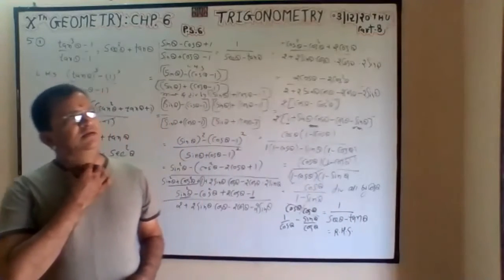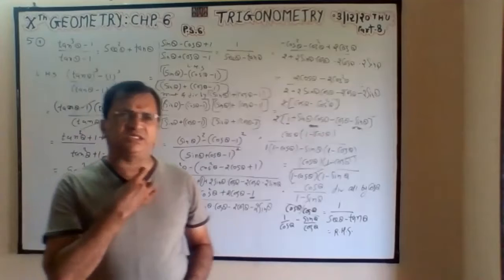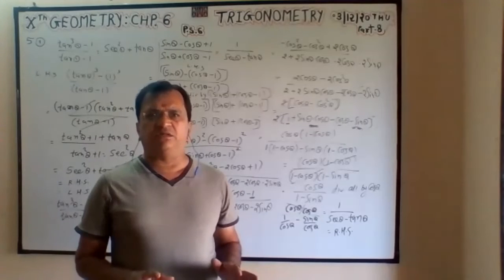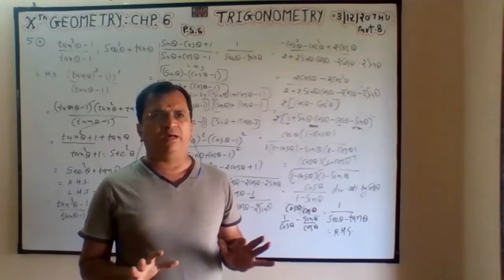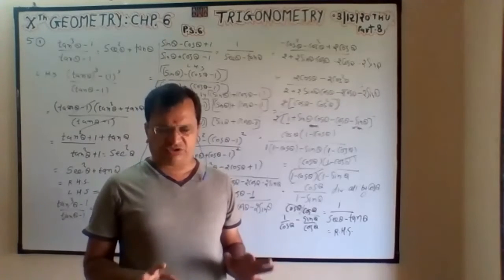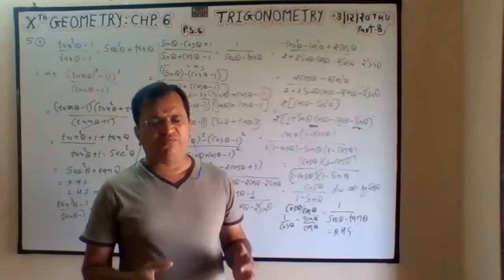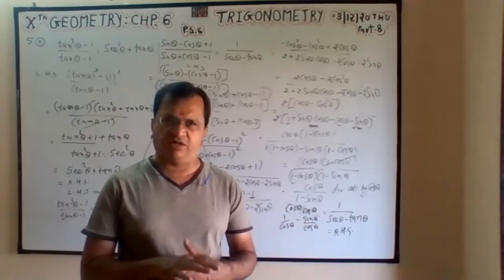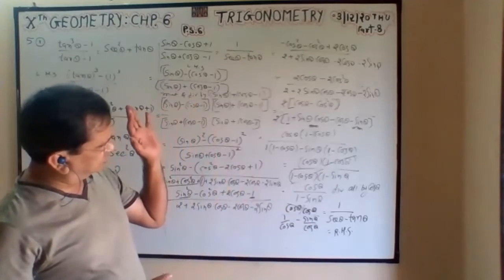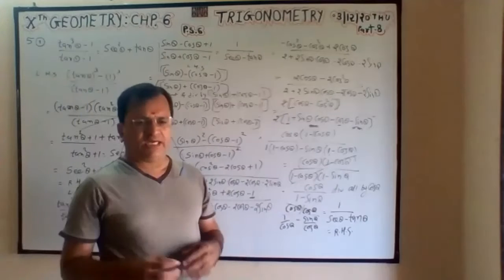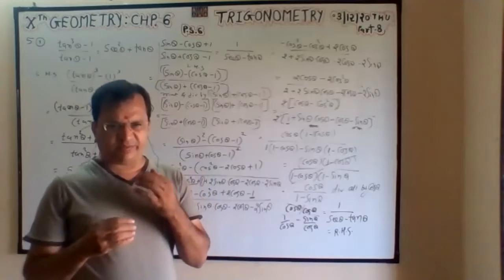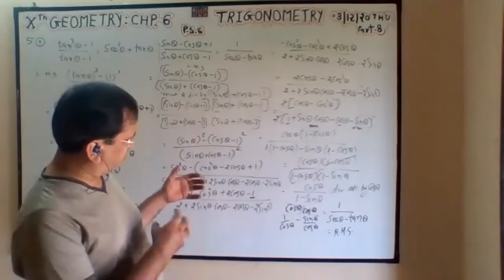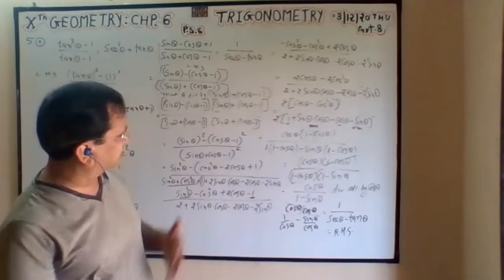In trigonometrical ratio, there are 6 ratios. Among that, 2 are basic, sin and cos. The rest are dependent on sin and cos. So this full sum, I'll explain again in the same steps, because everywhere I have written sin cos, sin cos.